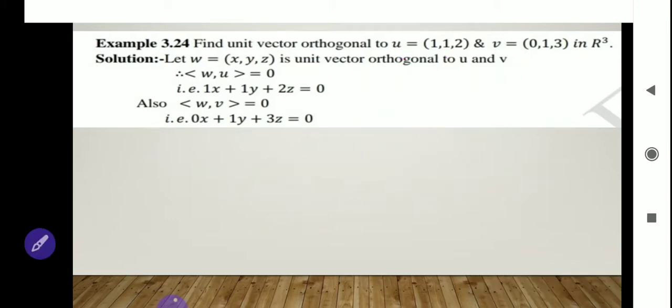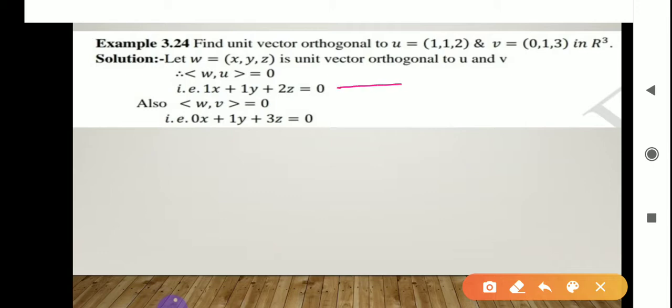Now we have to find the unit vector, which means we have to find the vector w. How to find vector w? For that we have to solve equations 1 and 2. These are two equations in three unknowns. How to solve? Using Cramer's rule.